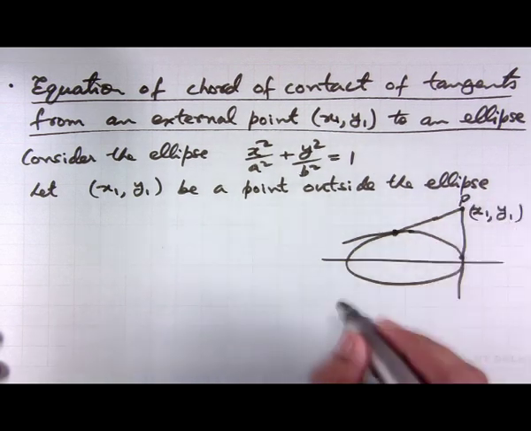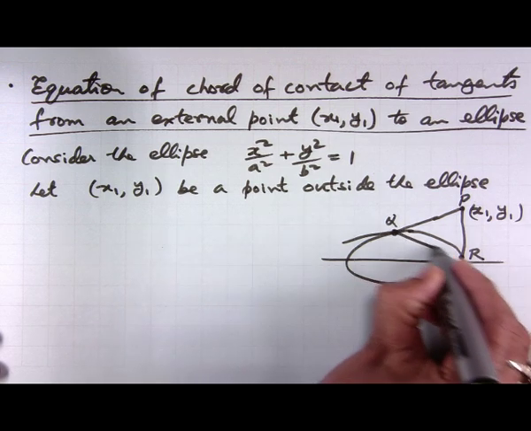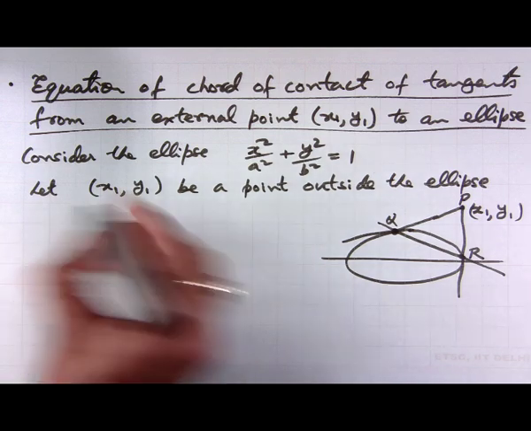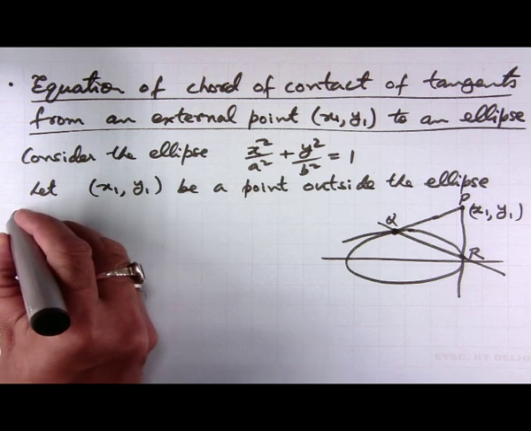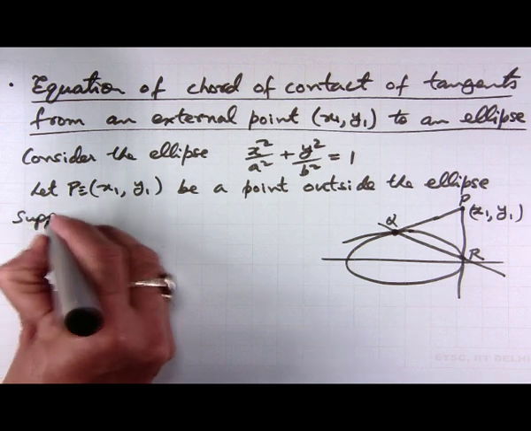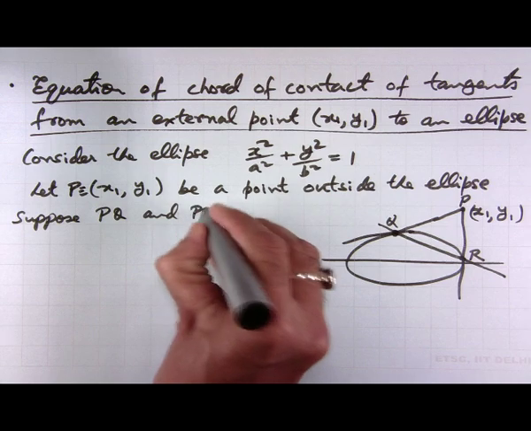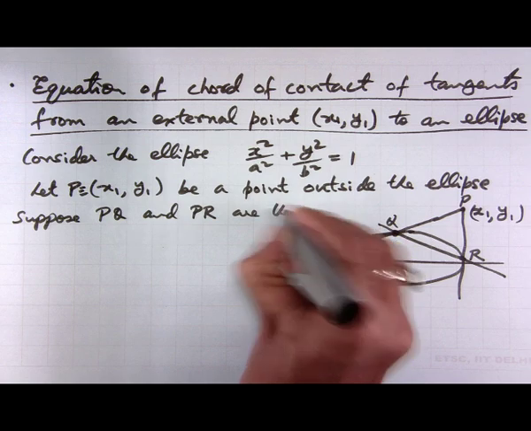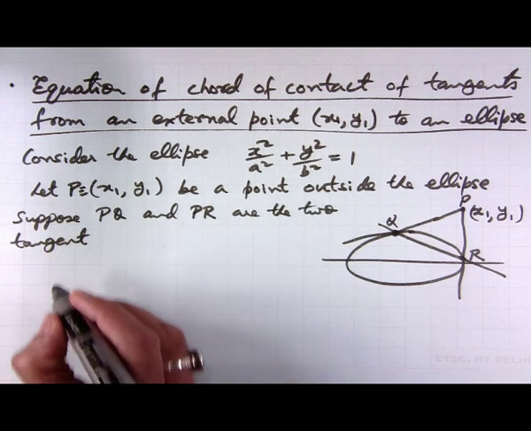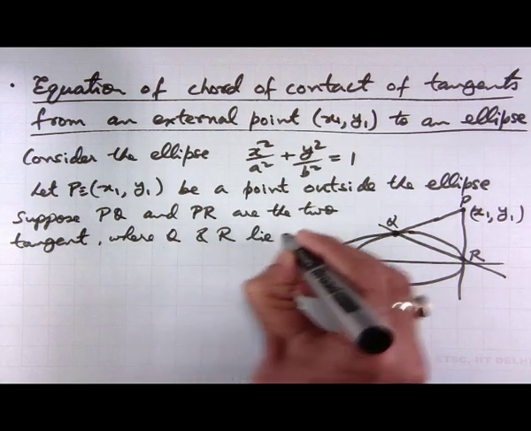So, let P be this point, and Q and R be the points on the ellipse where the tangents are drawn, and then we want to find the equation of this chord QR. Suppose PQ and PR are the two tangents where Q and R lie on the ellipse.